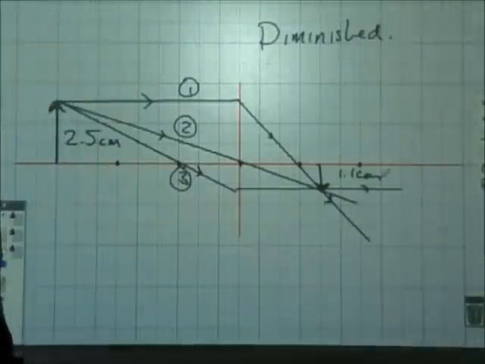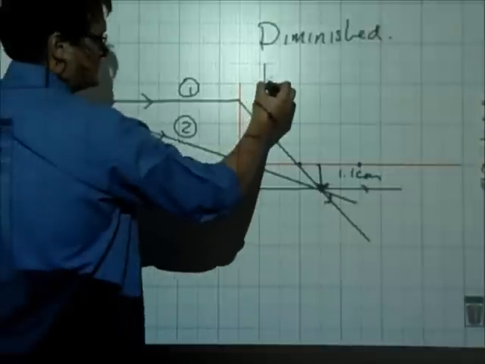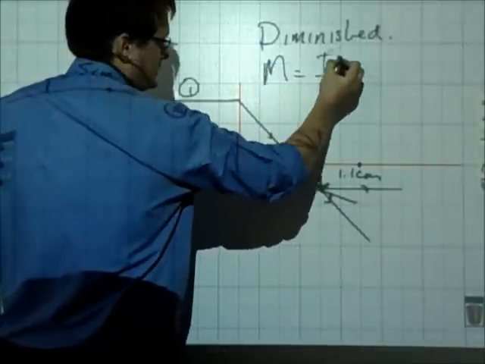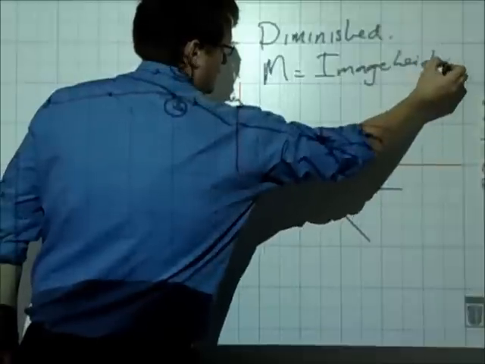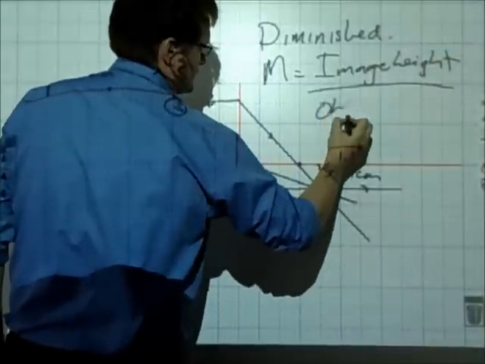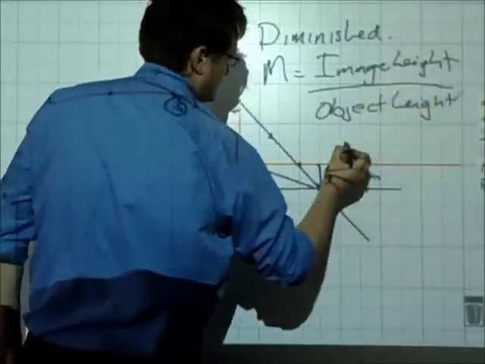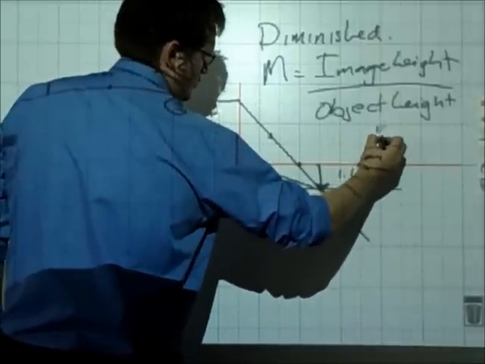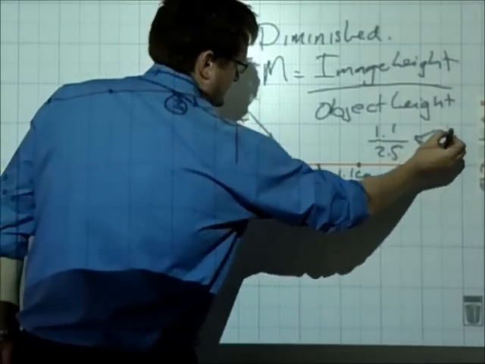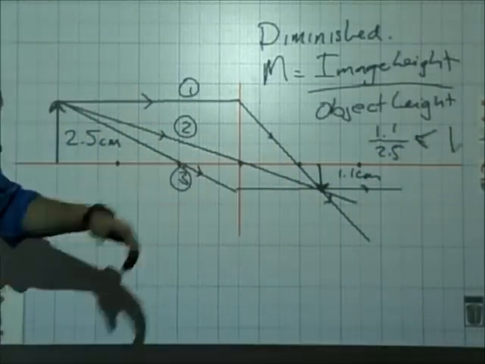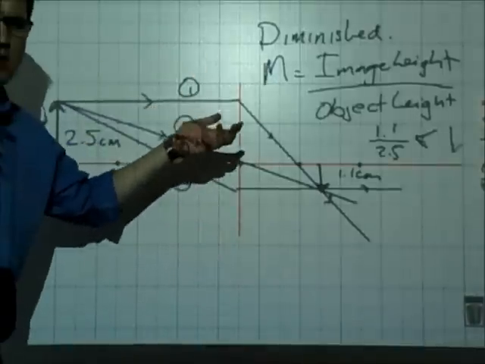So, to be able to calculate the magnification, what we do is we say the magnification is image height all over object height, which in this case is 1.1 all over 2.5. So, which is going to be less than 1. I don't have my calculator on me, I'm sure you could do that yourselves. That's what we call the magnification. So our image has been diminished.